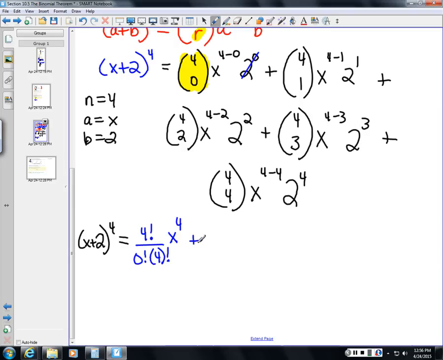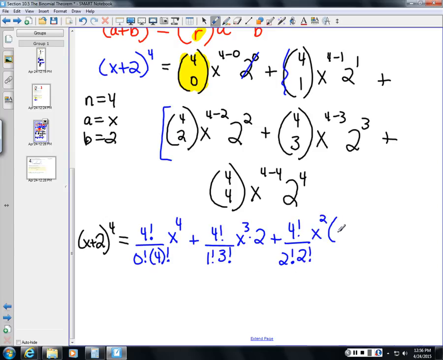Plus, the next one is 4 factorial over 1 factorial times (4 minus 1) factorial, which is 3 factorial, x cubed times 2. Plus, now we're here, 4 factorial over 2 factorial times (4 minus 2) factorial, which is 2. That'll be x squared, and 2 squared is 4.